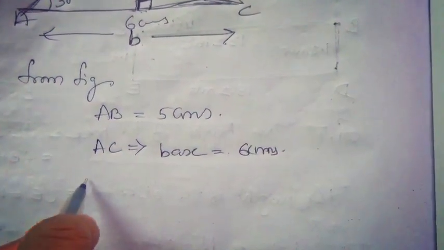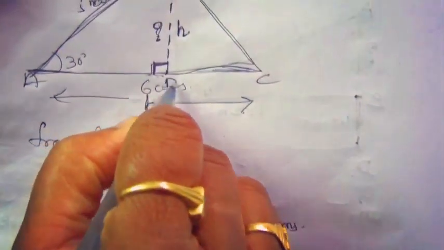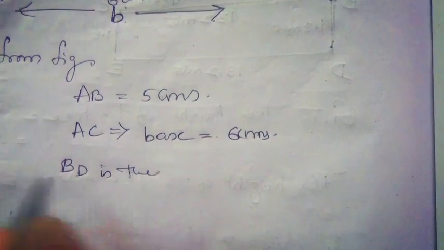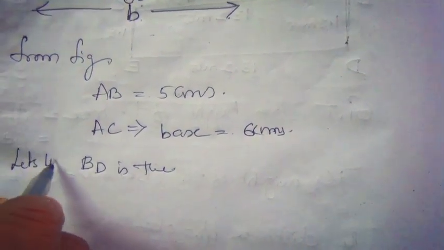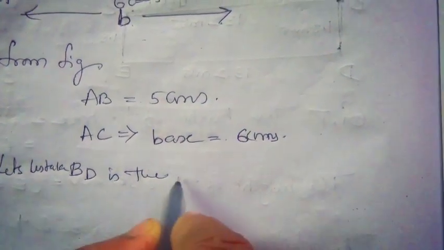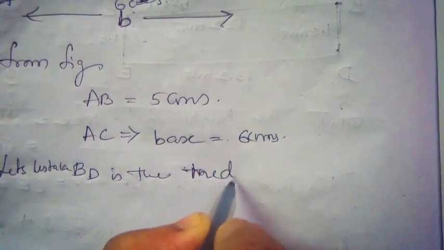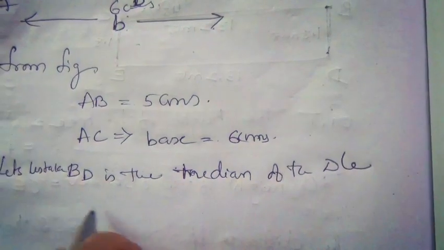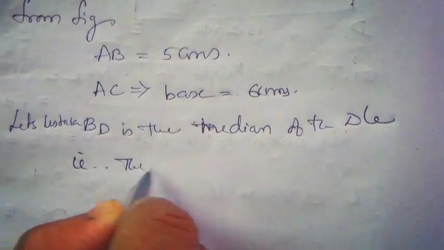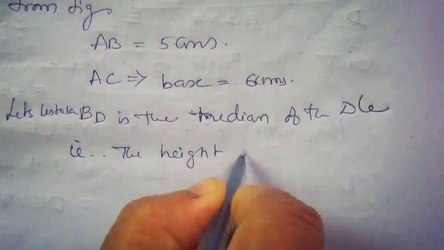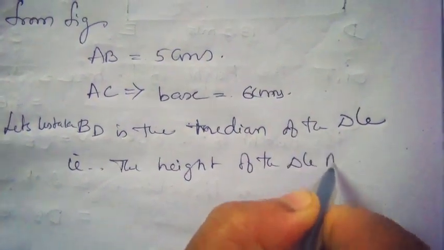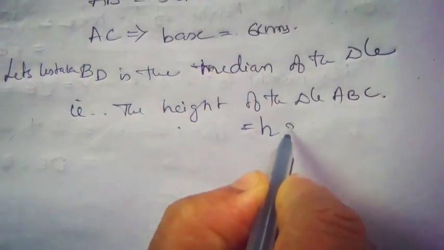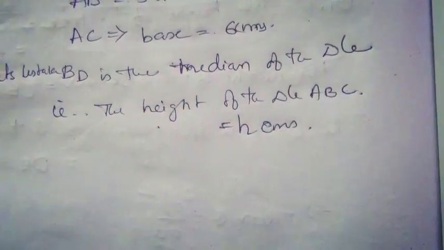Okay, so here BD is the median of the triangle, that is the height of the triangle ABC. So H we have to find out, H centimeters.